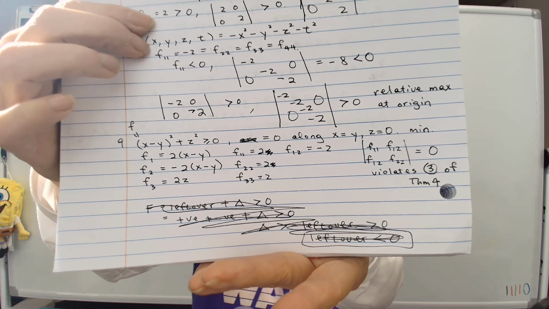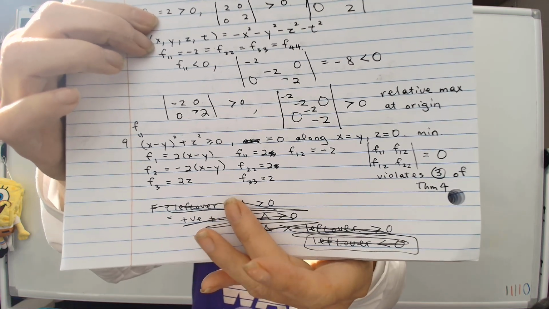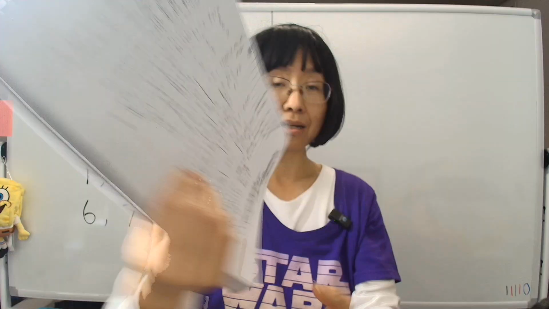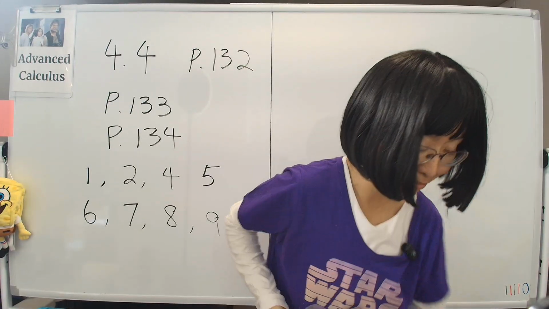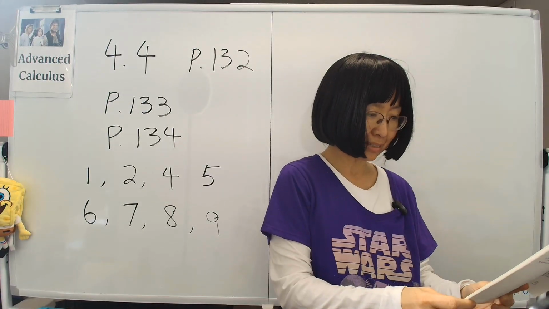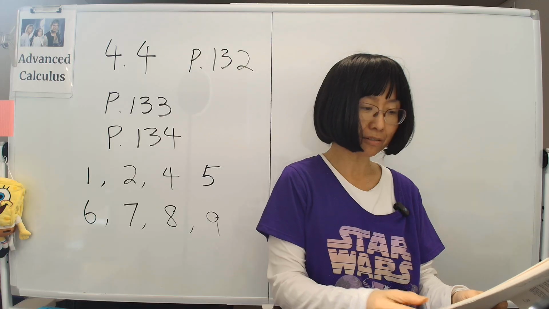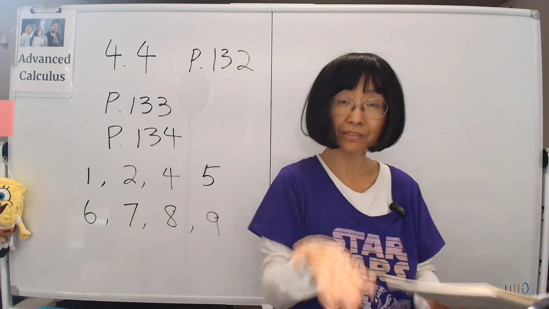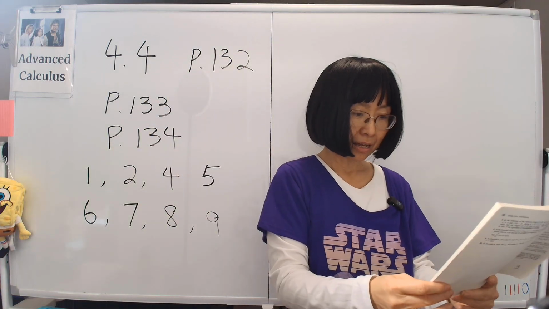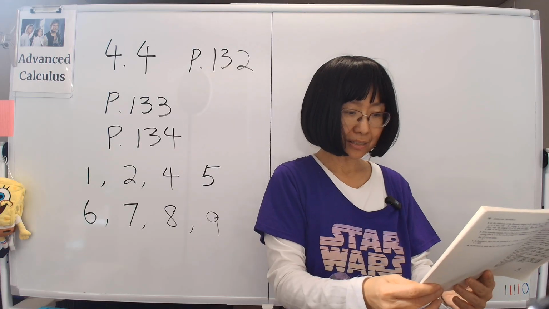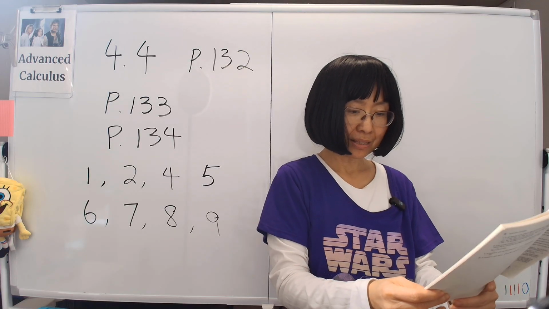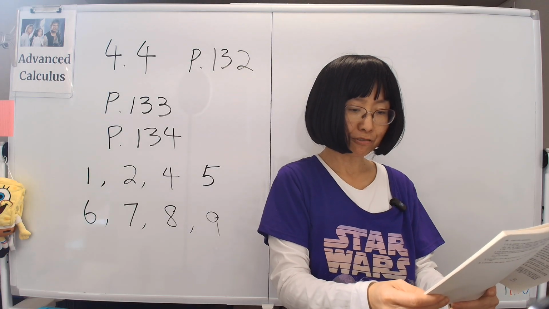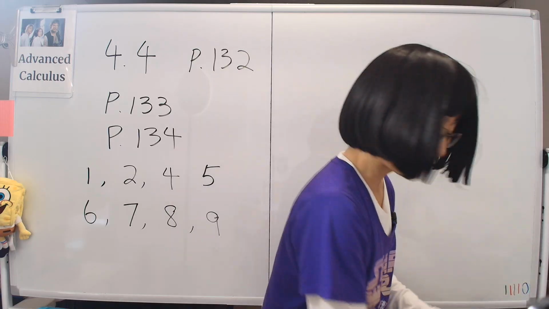So it does. And next, let's look at problem 9. What is that? It's some kind of function, where I don't even remember what it is. Maybe I should look at it first. Problem 9 says to show by inspection that this thing has a ridge of minimum. That's true, the thing goes up like that. And then none of these is a relative minimum, so hypothesis 4 is violated.